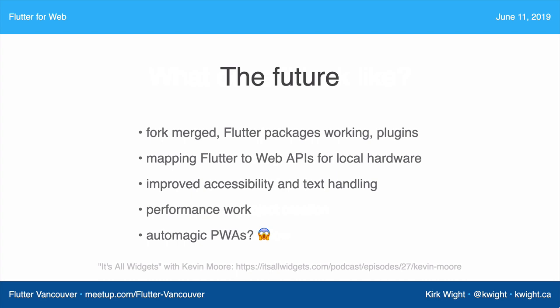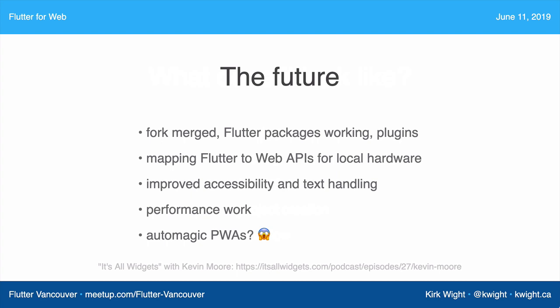I'm sure the future will bring many improvements in accessibility and text handling. These are two fundamental aspects of using the web, and that's not something that Flutter for Web is going to want to leave behind. As we all know, performance work never ends.